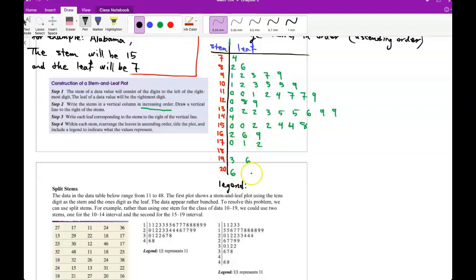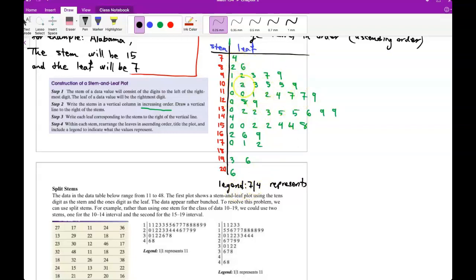So here we have 7, 4. So that represents... You will usually not be asked what the legend or what the title is.